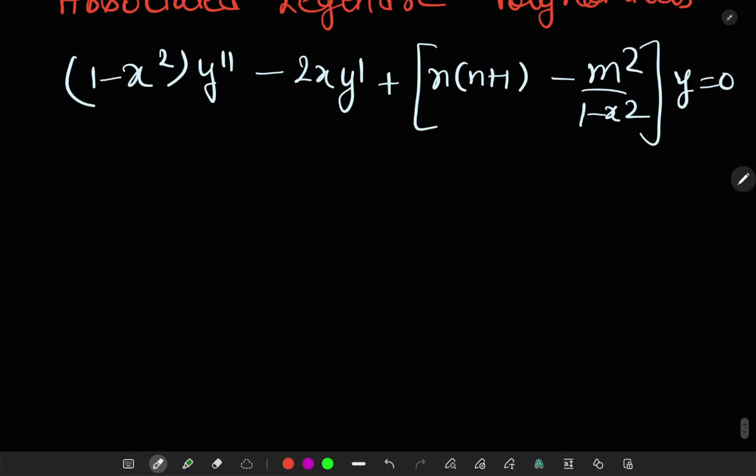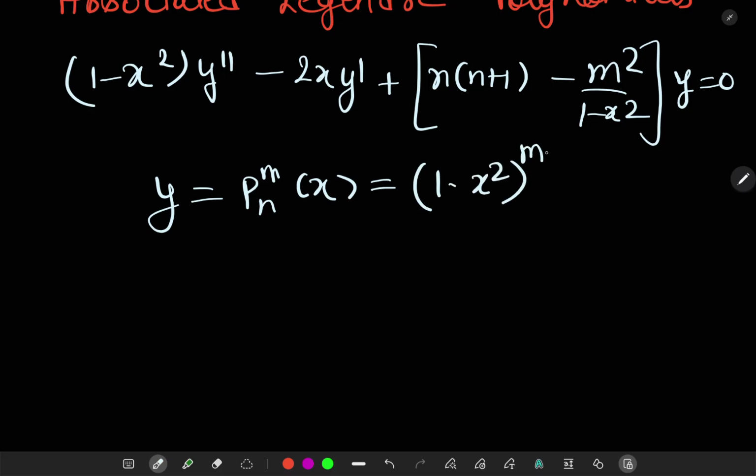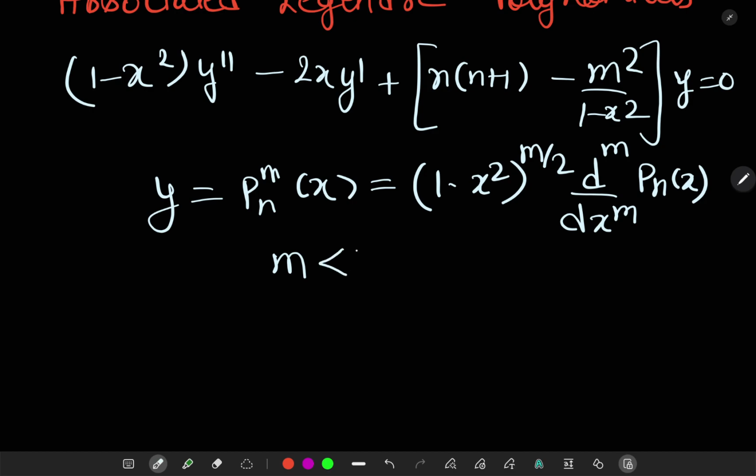Here the general solution of this equation is this. Here m is greater than n.